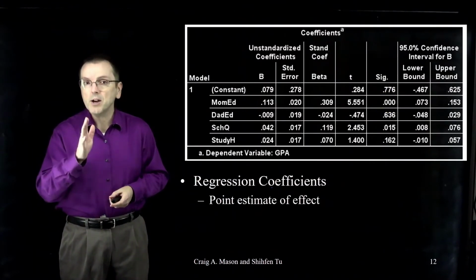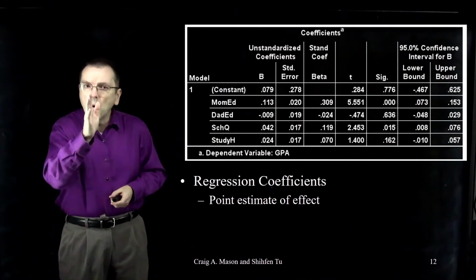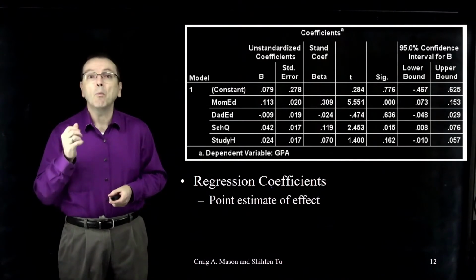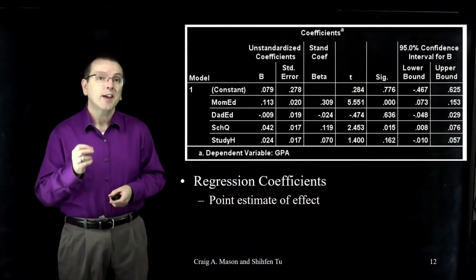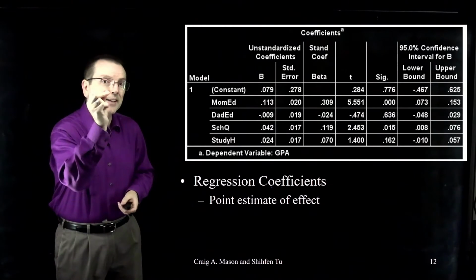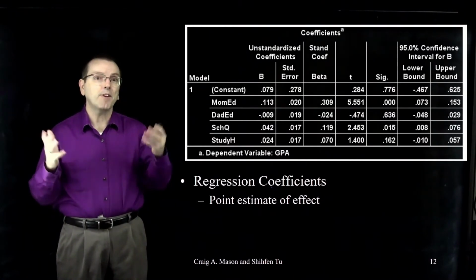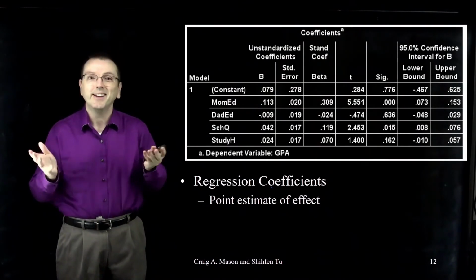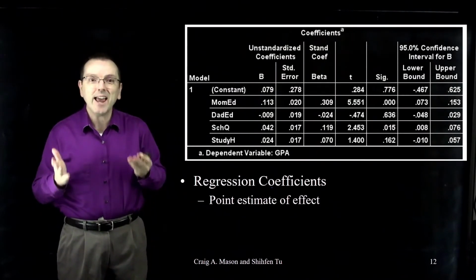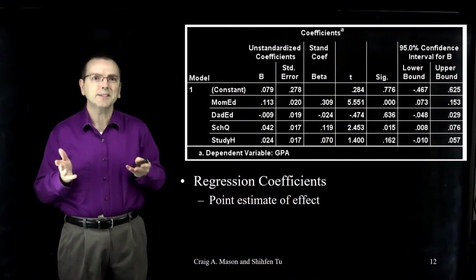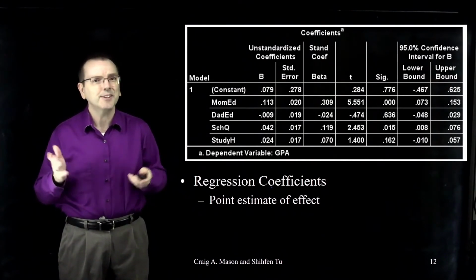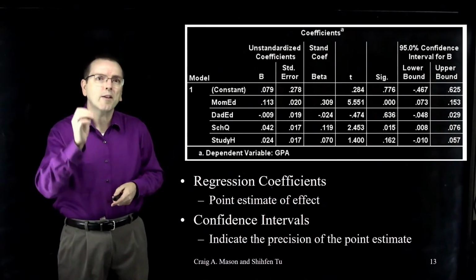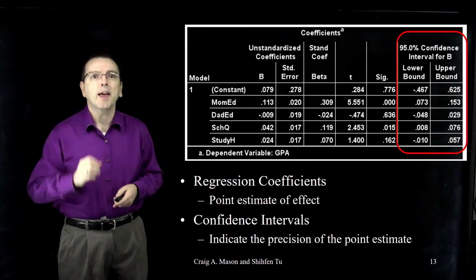Now, our regression coefficients are point estimates of their corresponding effect. That value of 0.113 for mother's education is our exact estimate of what we think the effect for mother's education is out there in the entire population. But of course, we only have a sample from the population, so our estimate is almost certainly off at least a little bit. And that's where the confidence intervals come into play.